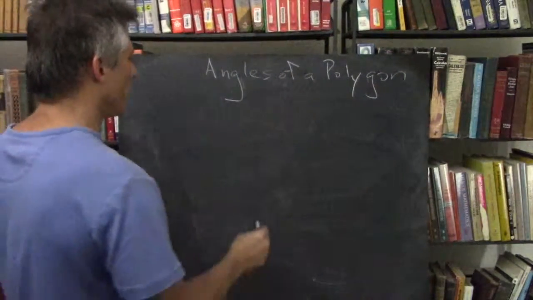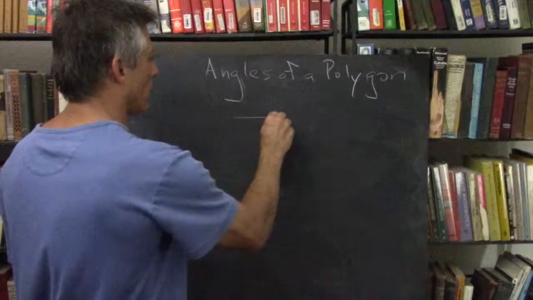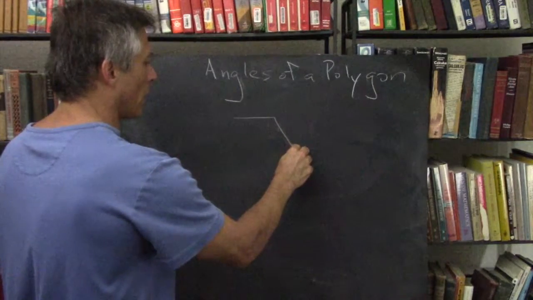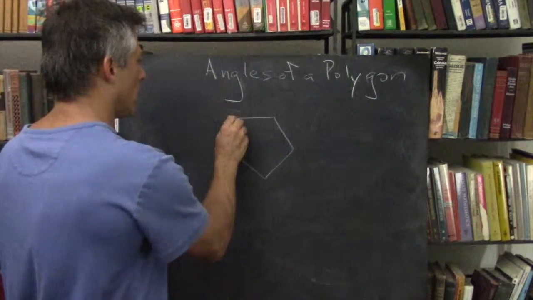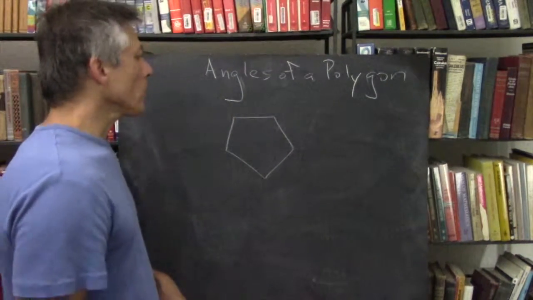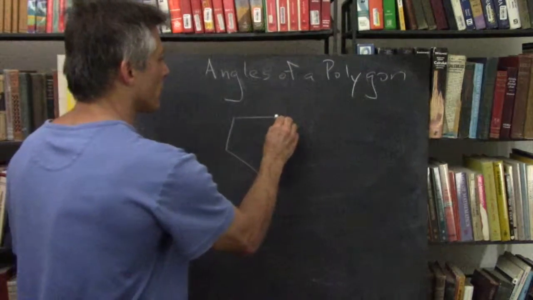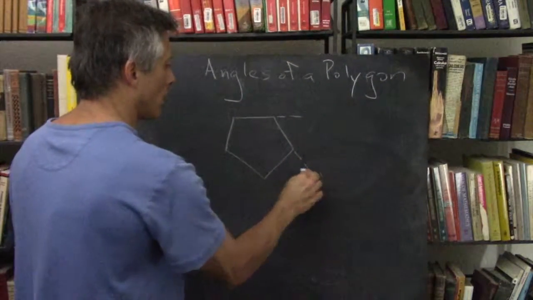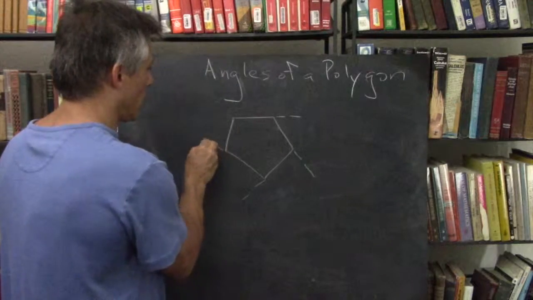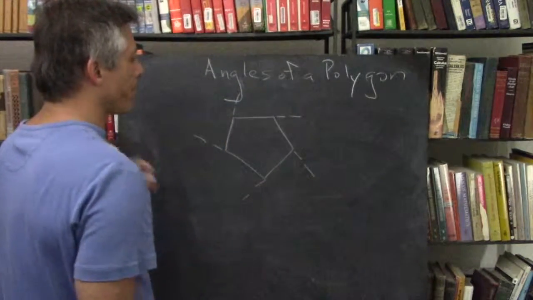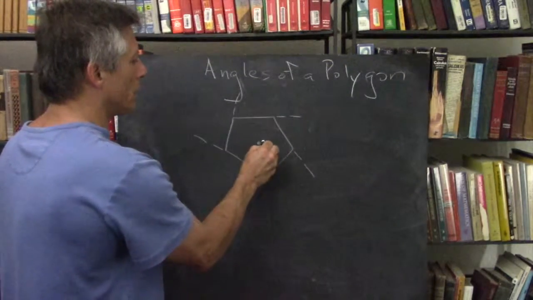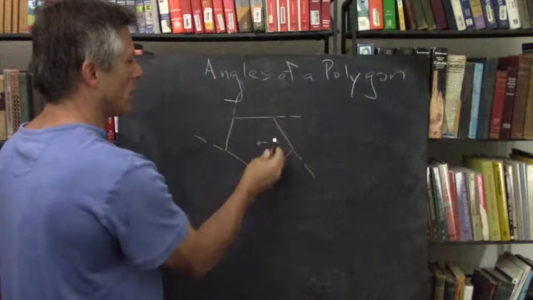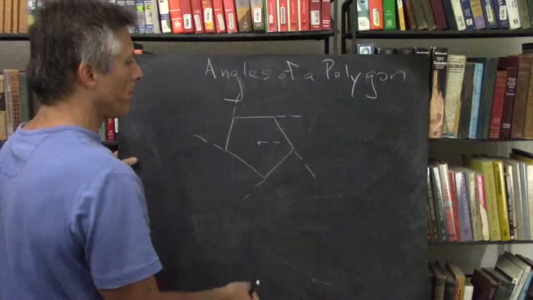Okay, now for exterior, let's take a pentagon. If we do the exterior angles, now if we have a dot at the center and we draw something parallel to this, they're the same.